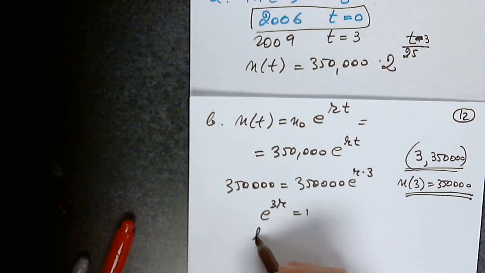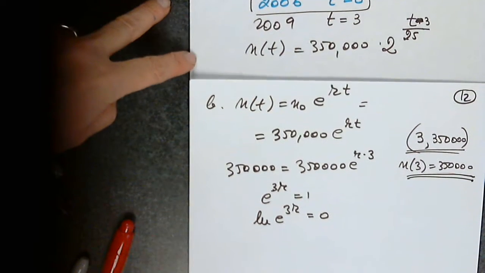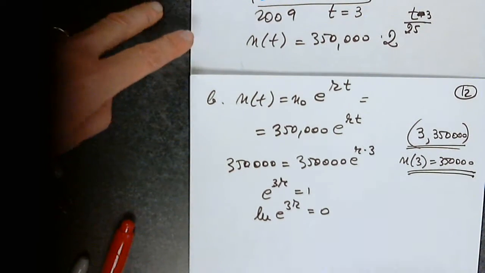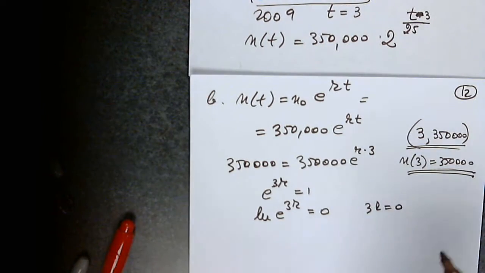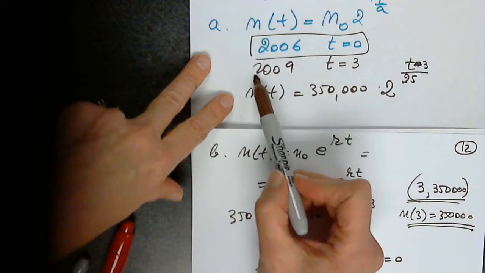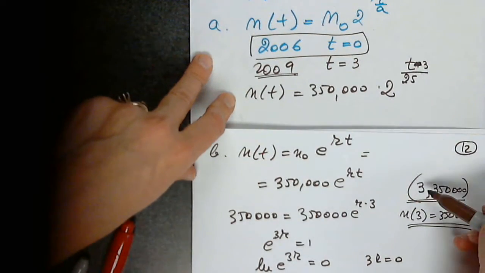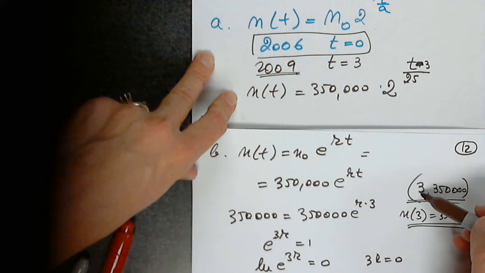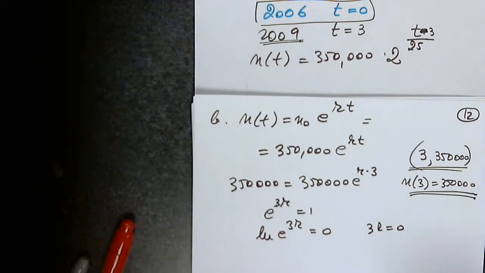So natural log of e to the 3r, so 3r equals 0. Obviously we have to determine what happens in 2009, which is when t is 0, we have 350,000. And based on that, we determine r.